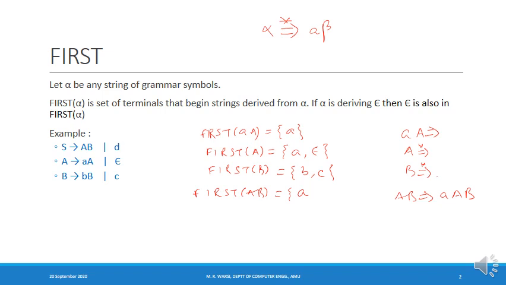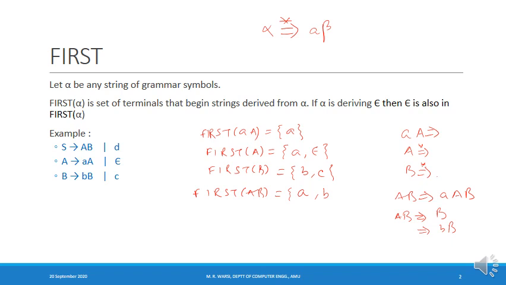Then if I once again start the derivation from AB and expand capital A using the second production, capital A is expanded with epsilon, so I obtain capital B, and capital B is expanded using small b, capital B, so small b will also be there in the first of AB.